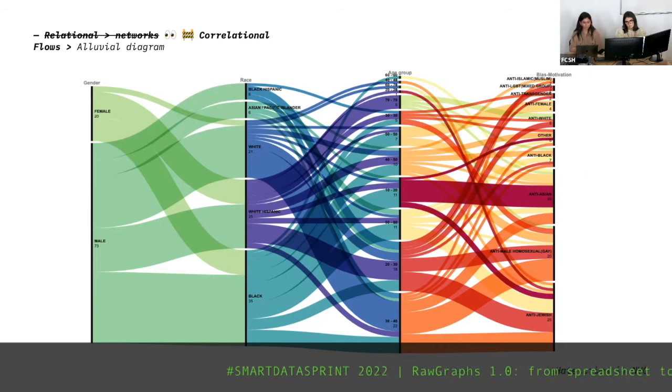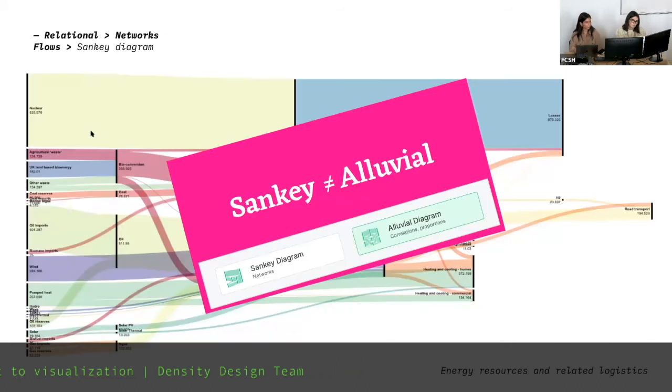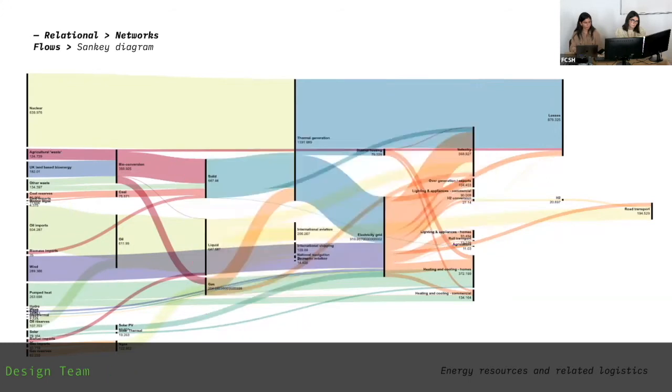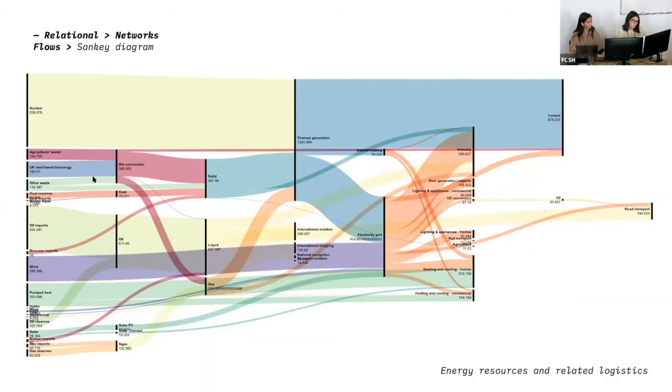But instead, as we said, here we could not skip this step. So every node is here and here and here. In the Sankey diagram, instead, we could skip the steps. So we could pass from these nodes to, for example, another one here or here.